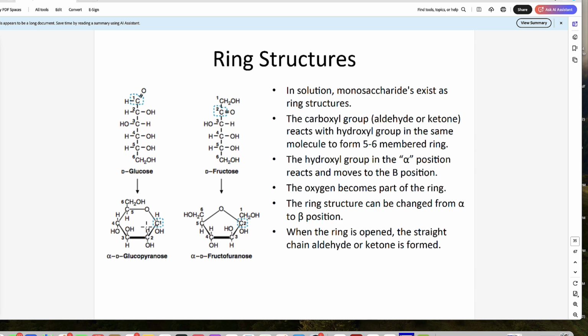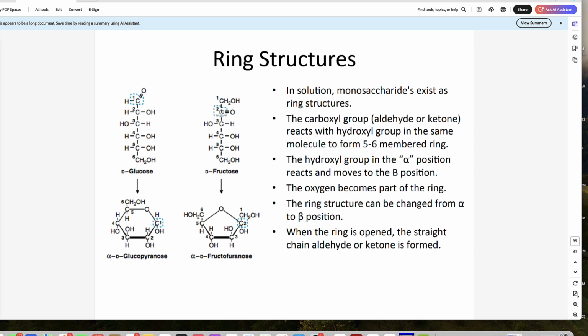So in solution, monosaccharides exist as ring structures, as I previously said. The carbonyl group reacts with a hydroxyl group on the same molecule to form that 5 or 6 membered ring structure. The hydroxyl group at the alpha position, okay, this is the first one, so according to the nomenclature, the next carbon, the second carbon, should be the alpha carbon, and you'll see here that D-glucose and D-fructose react differently.